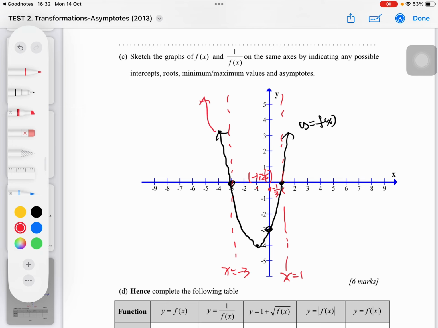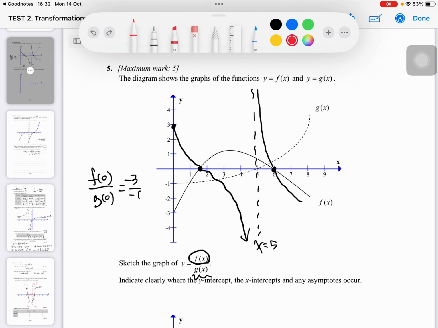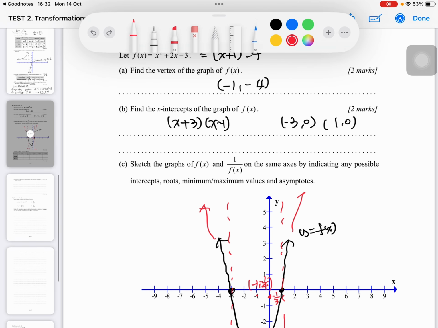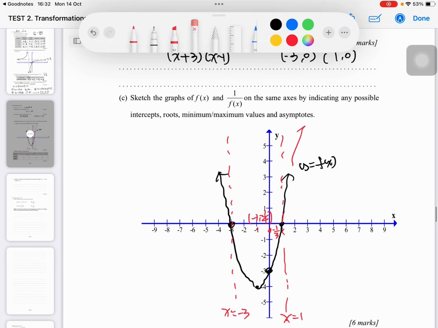And the end behavior, those go to infinity on both sides. So now we go to 0 because it's the reciprocal. So we have y equals 0, horizontal asymptote.